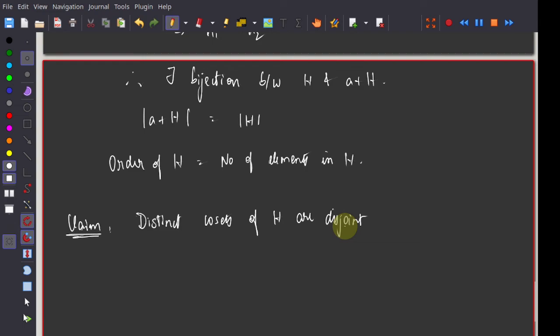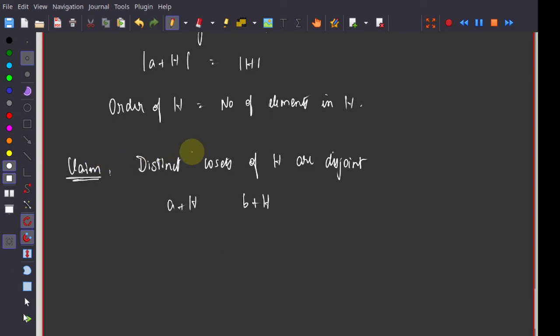So basically, if I take any two cosets, say A plus H and B plus H, either there's no intersection at all between A plus H and B plus H, or they're both exactly the same set. Okay, so let's see what happens.